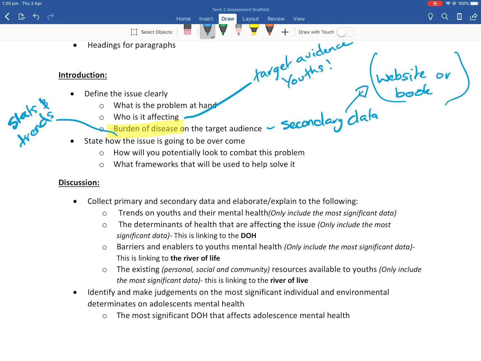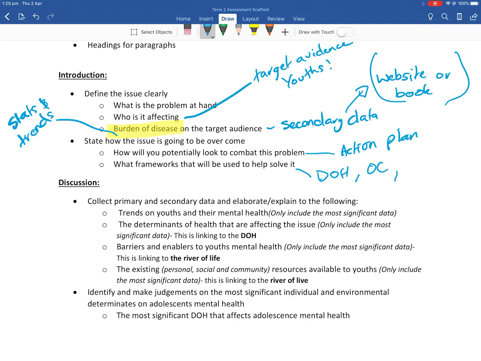Also, you need to state how the issue is going to be overcome. That is all around potentially looking at how in this report you're going to combat the issue. So that's your action plan. And then what framework? Obviously we're speaking here of the Ottawa Charter.